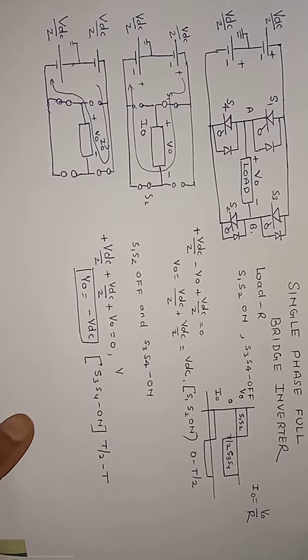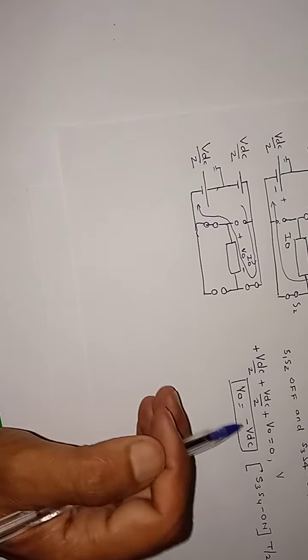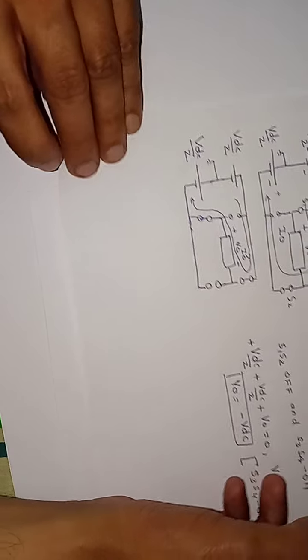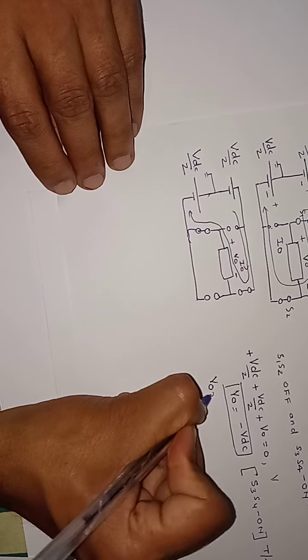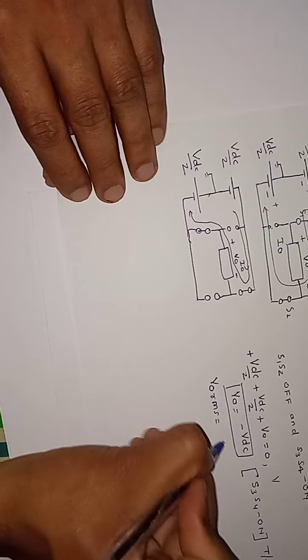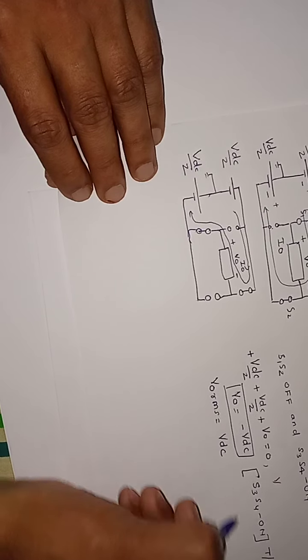Now we have to find the RMS voltage. The RMS voltage of a square waveform is the same voltage. So VO RMS is equal to VDC.